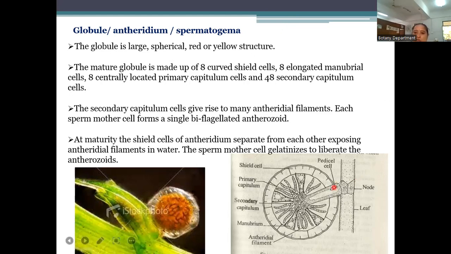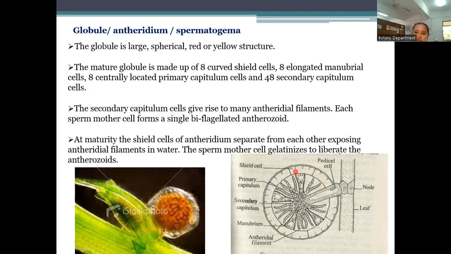See, this part is called the pedicel part, and another name is stalk. The second one is a shield made up of 8 plate-like structures. This one is a shield cell. Coming to the second point, a mature globule is made up of curved shield cells. How many cells are there?